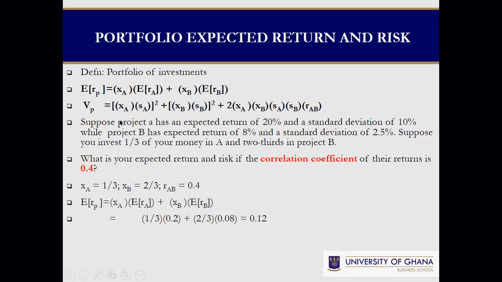So for that one, it is the portion of the capital that has been invested in asset A times the standard deviation of asset A squared, plus the portion that has been invested in asset B times its standard deviation squared, plus 2 times the portion we've invested in asset A, the portion we've invested in asset B, the standard deviation of A, the standard deviation of B, times their correlation, right?